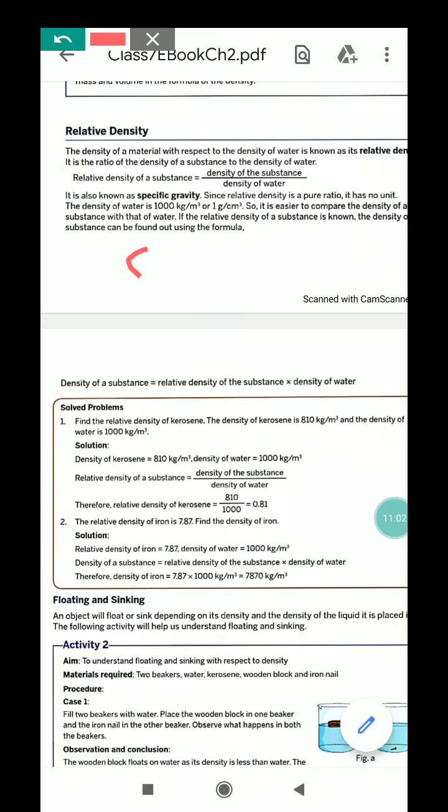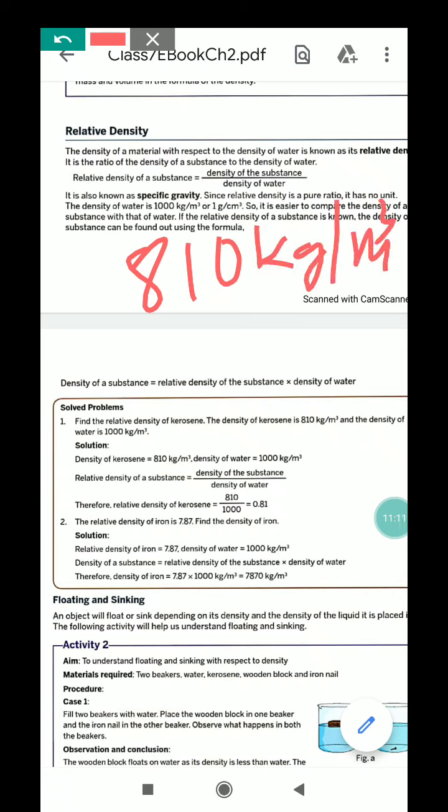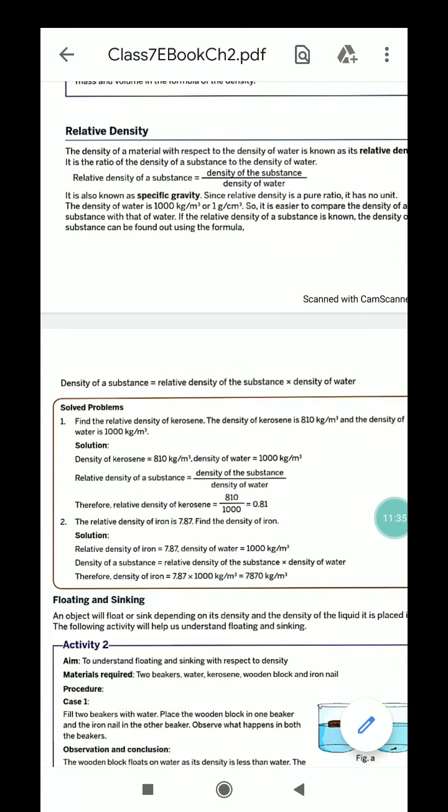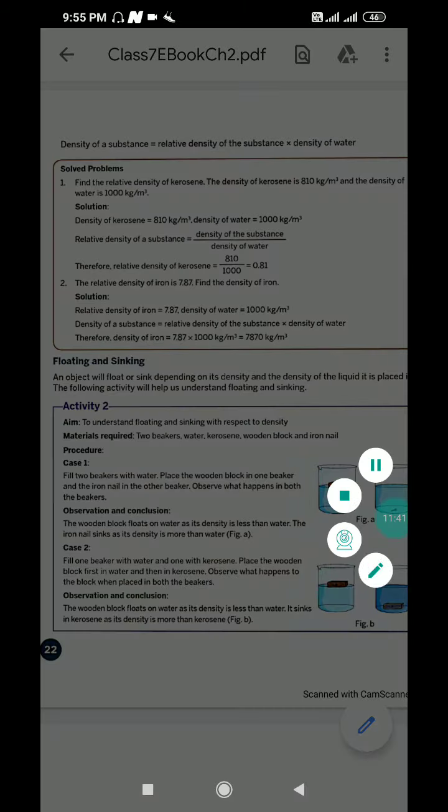If we write 810 kg per meter cube divided by 1000 kg per meter cube, the units will be crossed out, and the answer will be 0.81. That is why there is no unit for relative density. Okay, now we will read about floating and sinking.